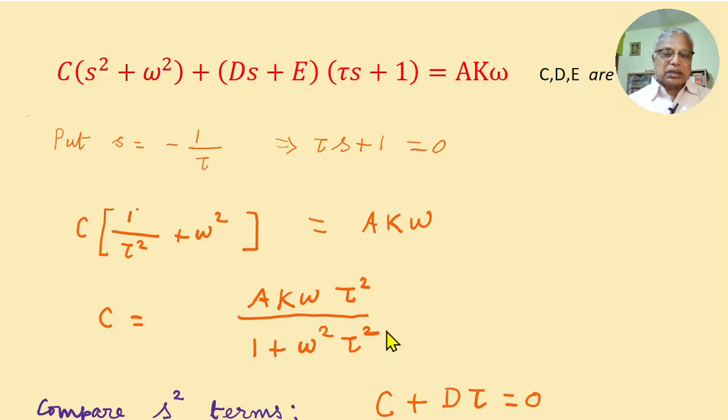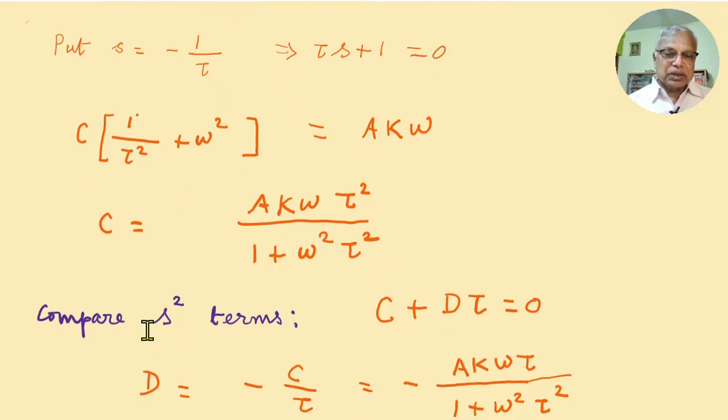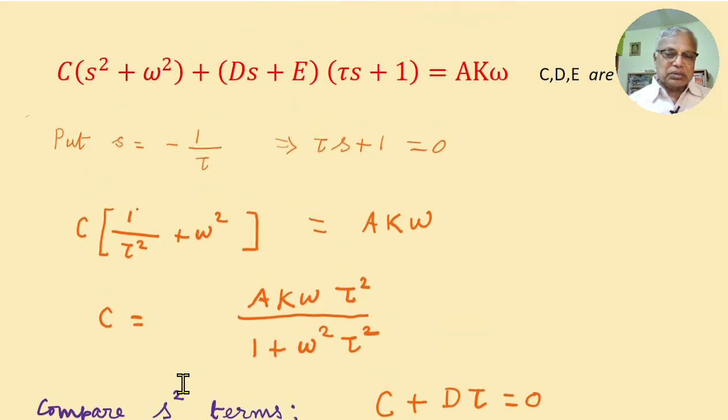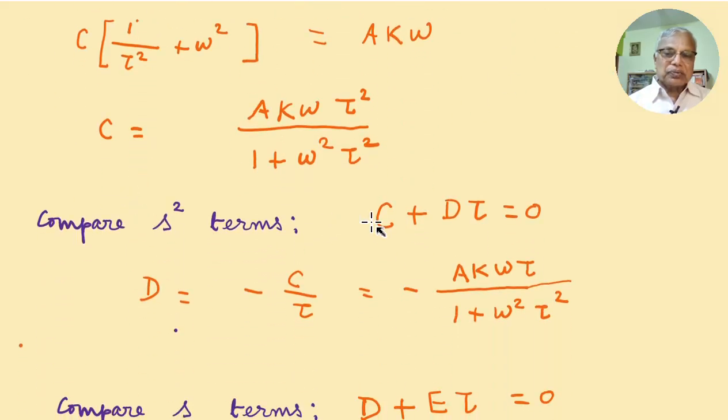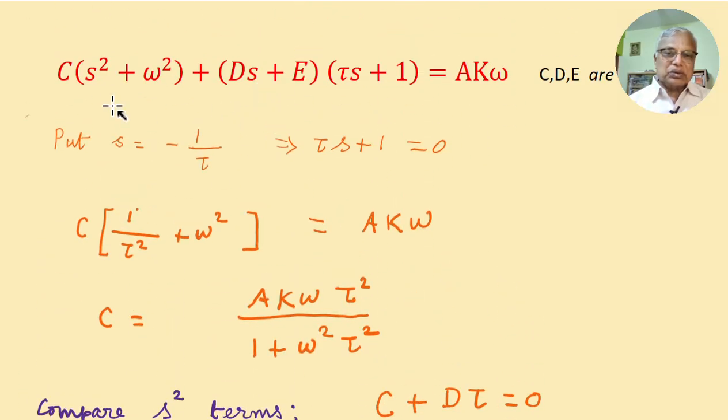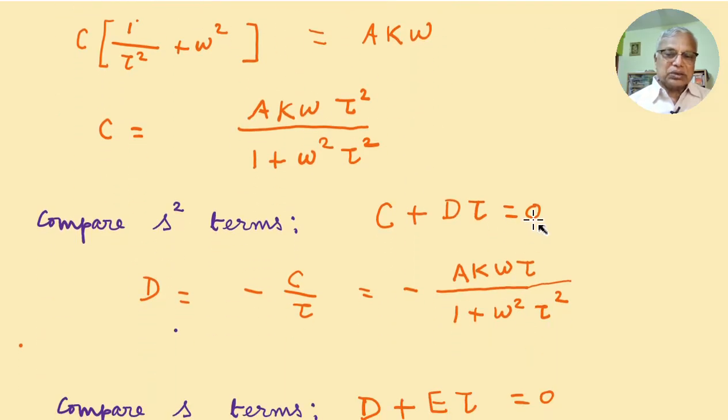Now to find the other two constants, let me compare the like terms. First let me compare the s square terms. On the left hand side the s square terms are C s square and D tau s square. On the right hand side there is no s square term.